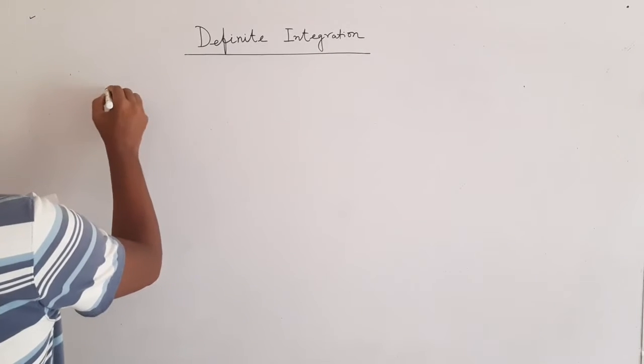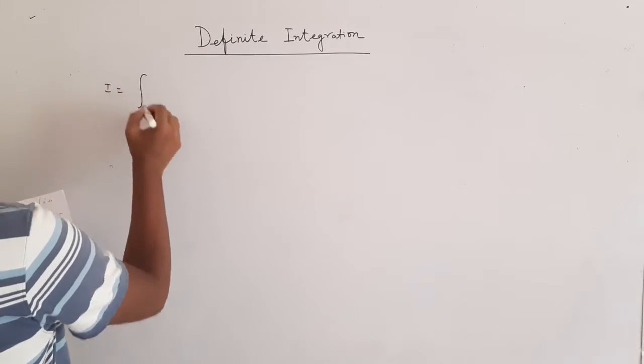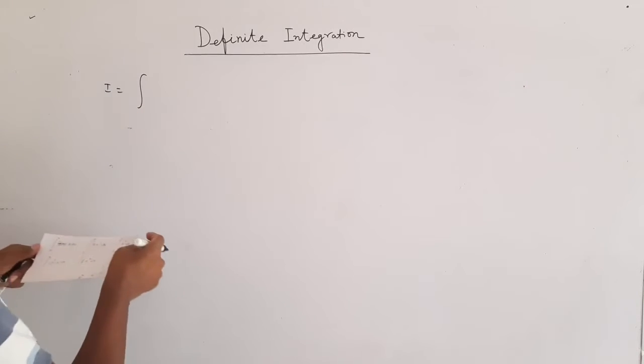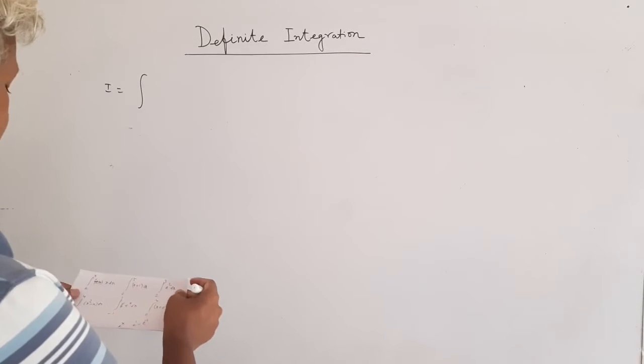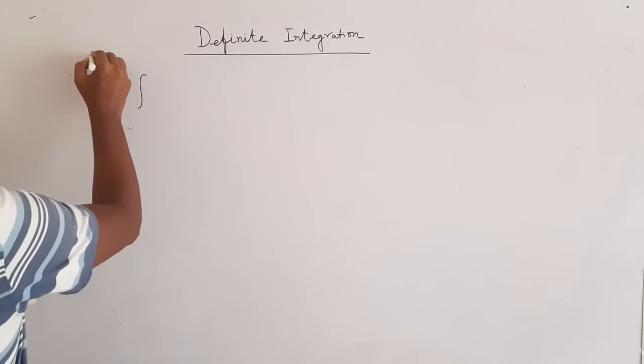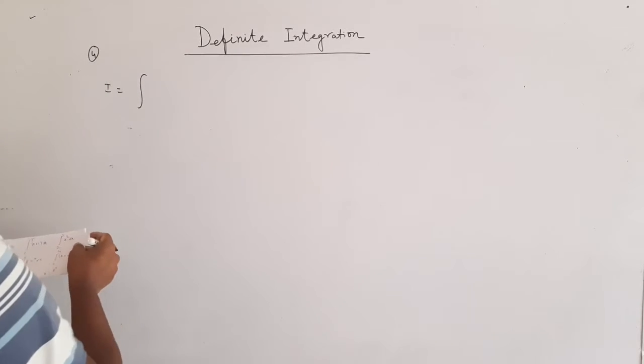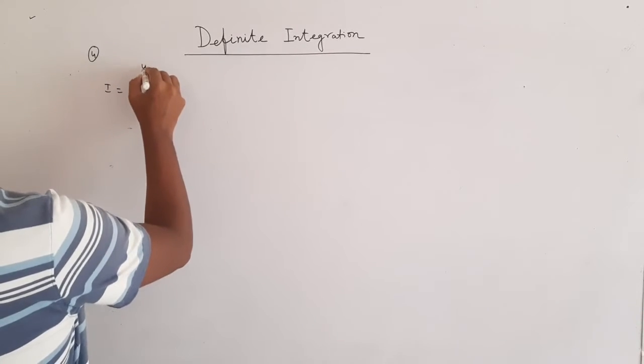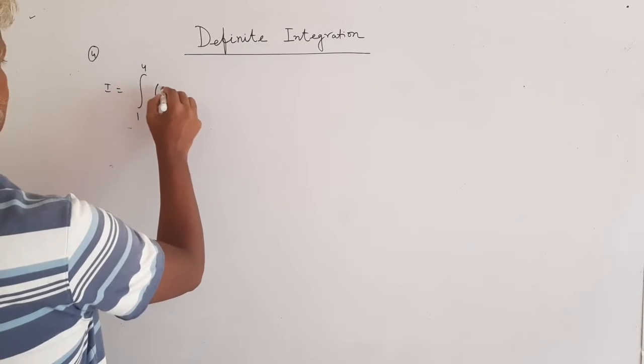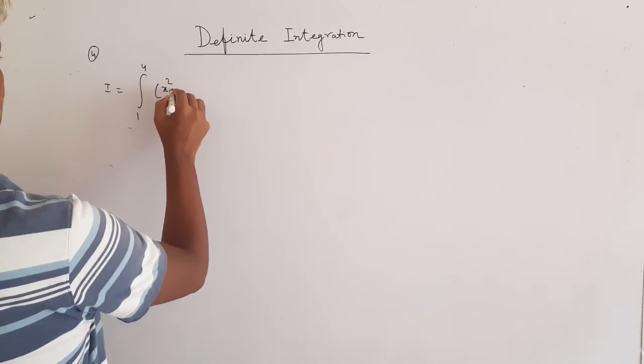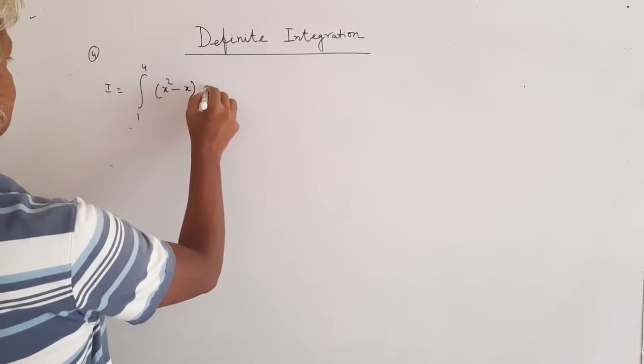So question number 1, this is the NCERT textbook again. This is question number 4, the integral from 1 to 4 of f(x) dx, where f(x) is x square minus x.